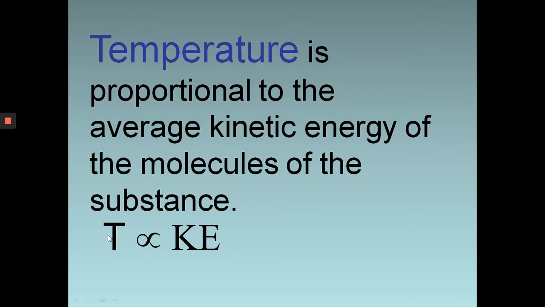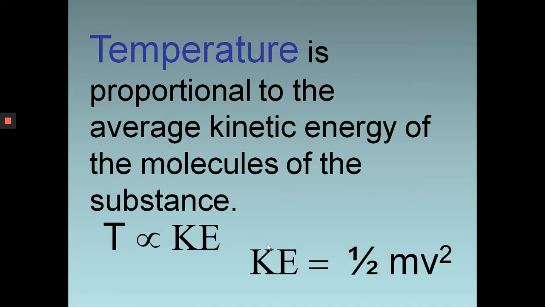So temperature and kinetic energy are directly proportional. This sounds very familiar because we learned this already back in kinetic molecular theory, which was a fifth postulate. And then we know that kinetic energy, KE, is equivalent to 1/2 mv squared, m for the mass and v for the velocity.